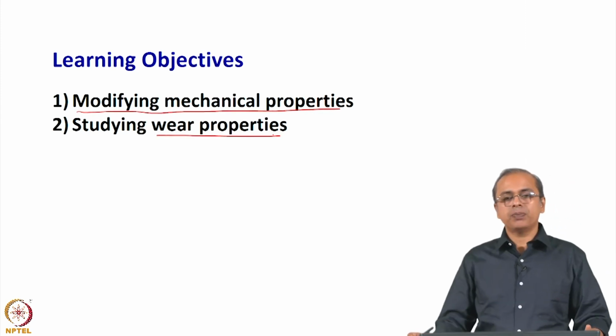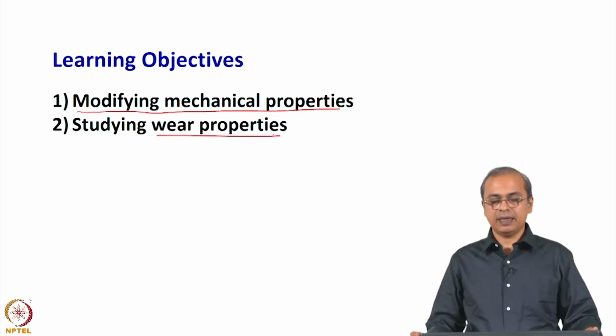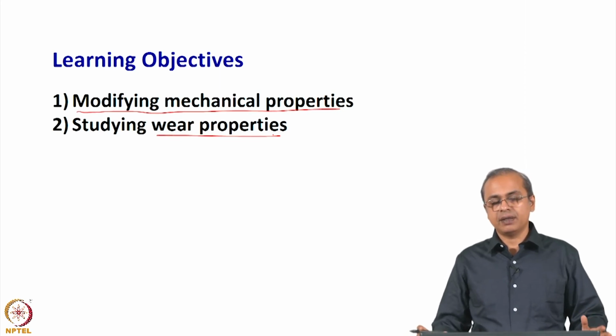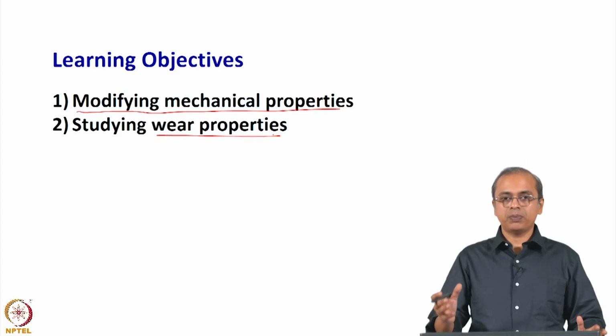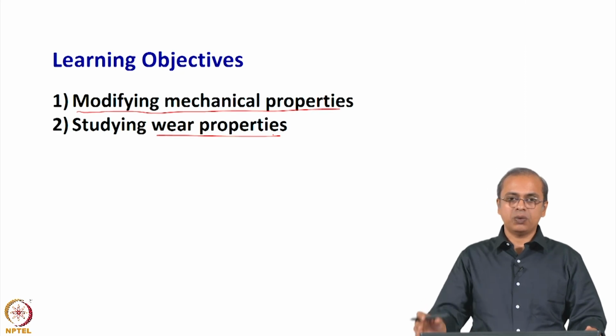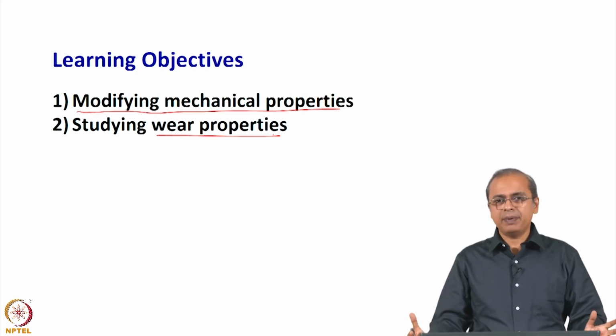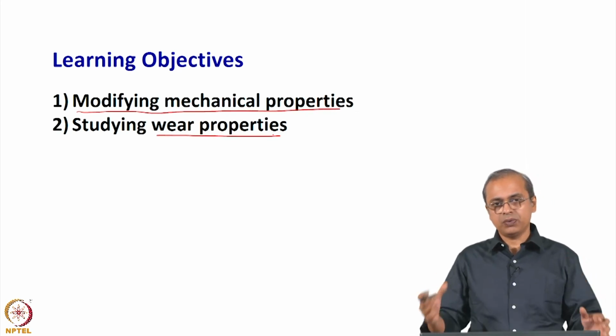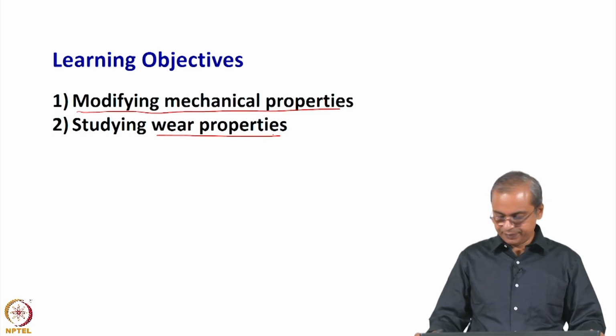We will focus on it and try to understand how you can do a wear test to figure out what the wear properties of a sample are, and how you can put this severely plastically deformed material to a wear test, and what you can maybe expect from it. It will of course vary from system to system. So, some generalization we will try to do to bring those kinds of ideas together.